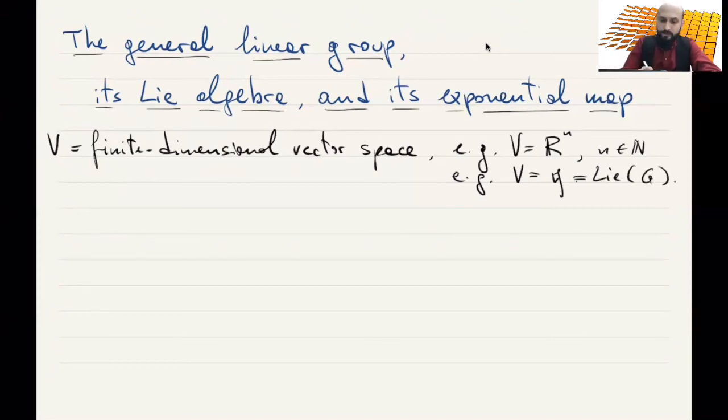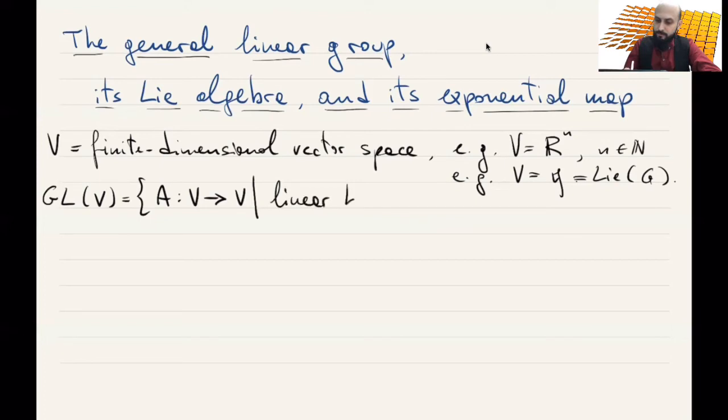After that one considers the group of invertible linear transformations on V. So all the maps from V to V that are linear and bijections.